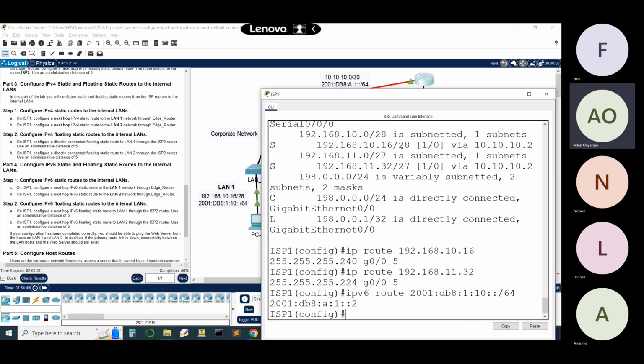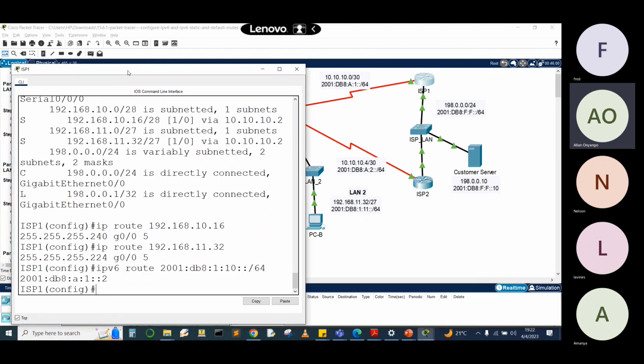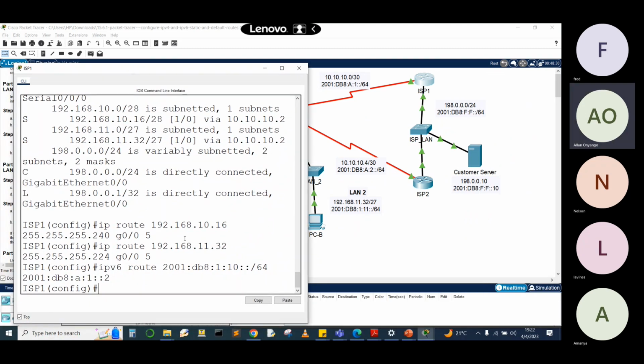And we're going to do the same thing for, sorry, for LAN 2. You say ipv6 route, and we say 2001:DB8:1:11::/64.